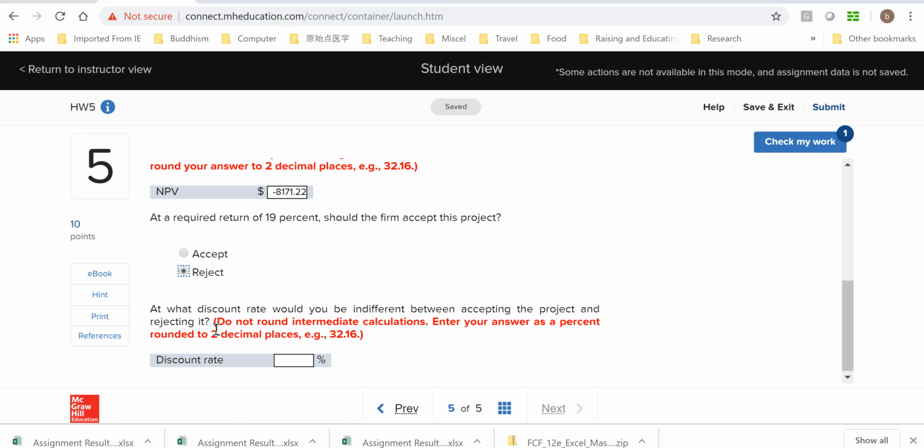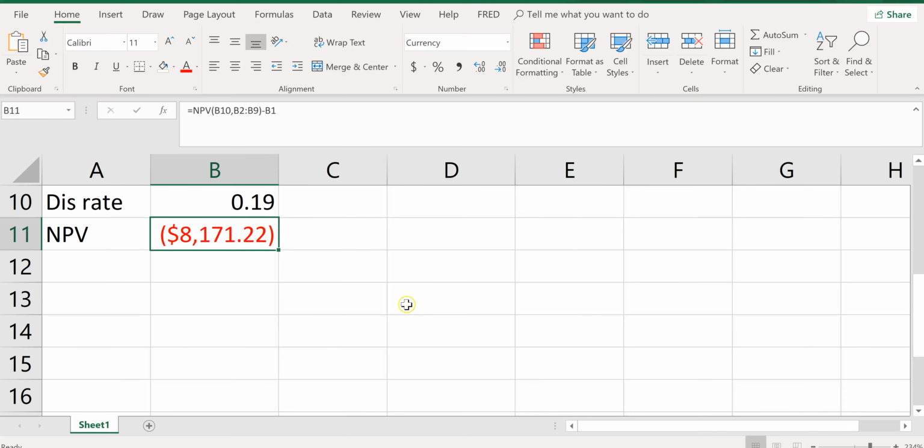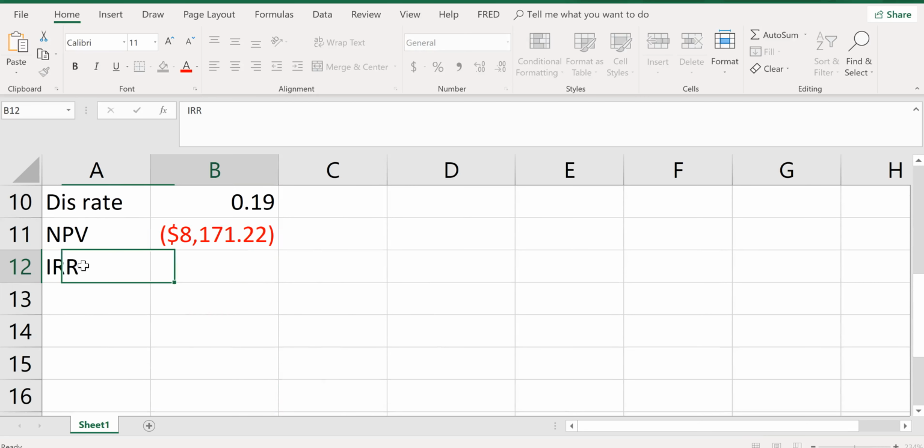But we know that when the NPV is exactly 0, the discount rate in that case is what the IRR, internal rate of return, means. So this sentence simply asks us to calculate the IRR for the project. So we can use the IRR function in Excel to do that.